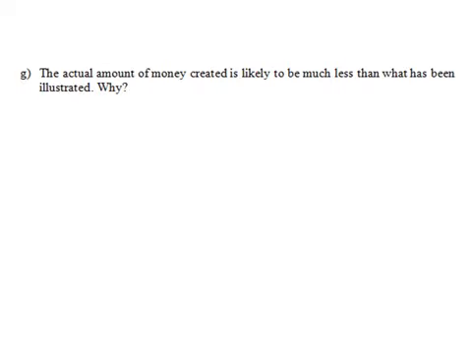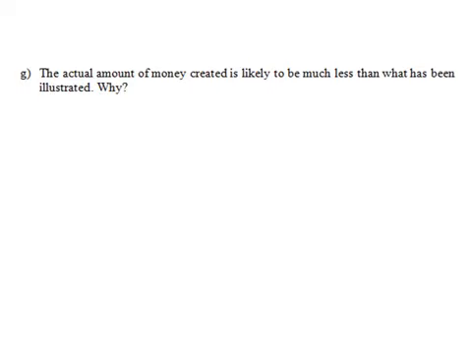When we set the required reserve ratio at 20%, we managed to create 20,000 earlier. When we reduce the required reserve ratio to 10%, we can create $45,000 of new money based on our $5,000 deposit. Now, this question is telling us that in real life you create less than that.